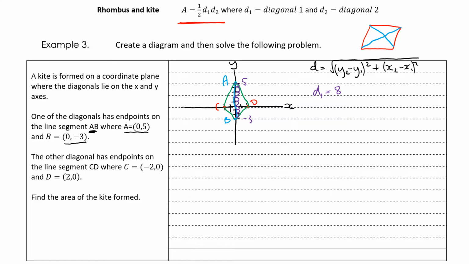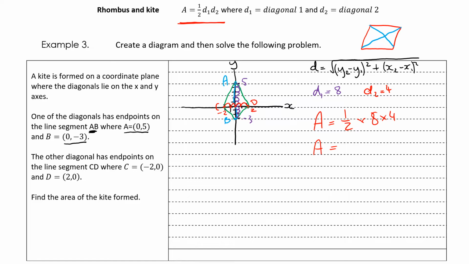Diagonal 2, we'll do in red. We've gone from the point -2 to 2, which is 1, 2, 3, 4 spaces across. So now we can use our two diagonals to find the area of the kite. Area equals half times 8 times 4.